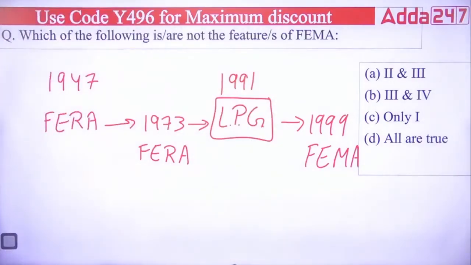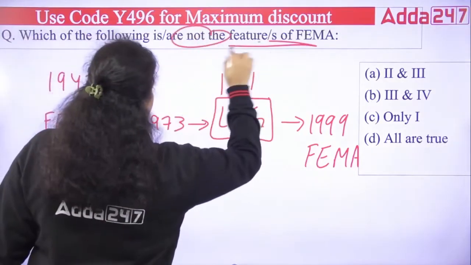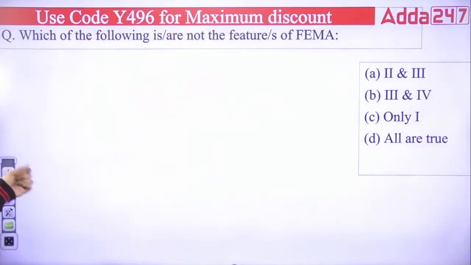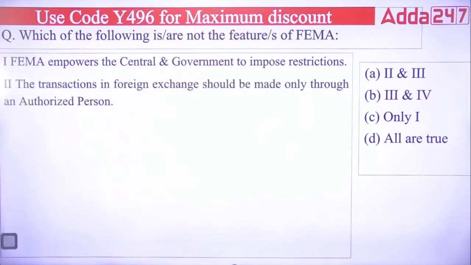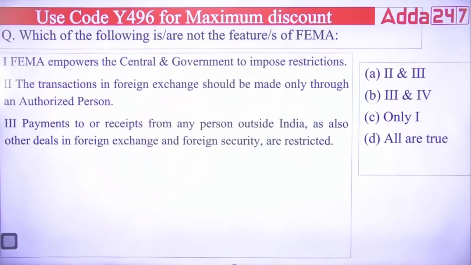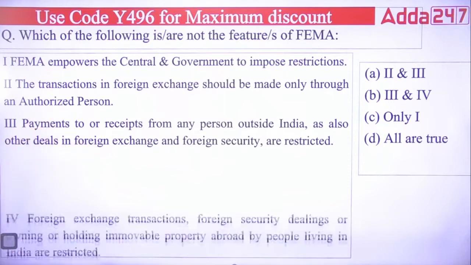Okay, so now you have to answer which of the following is not a feature of the FEMA Act. First says FEMA empowers the central government to impose restriction. Second, the transaction in foreign exchange should be made only through an authorized person. Payment to or receipt from any person outside India, as also other deals in foreign exchange and foreign security, are restricted.